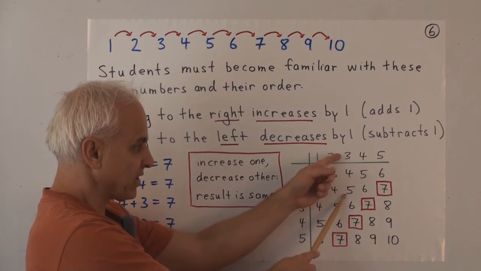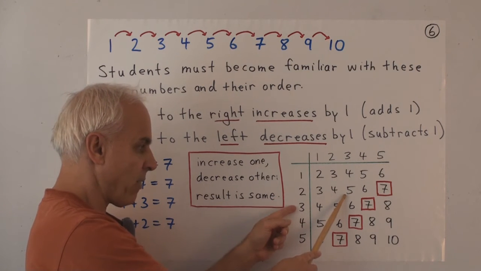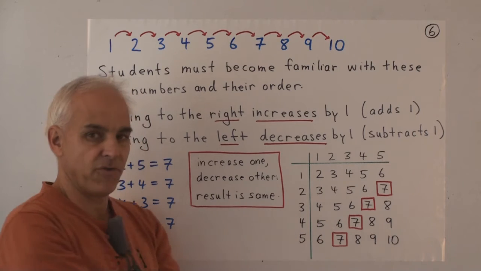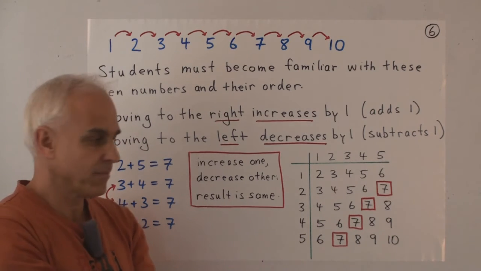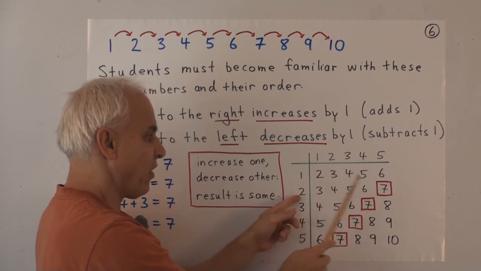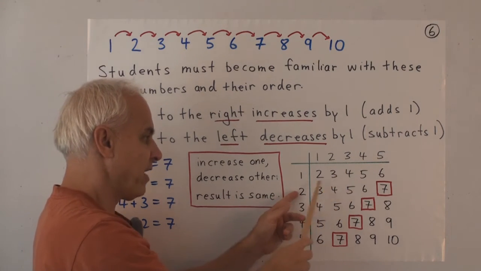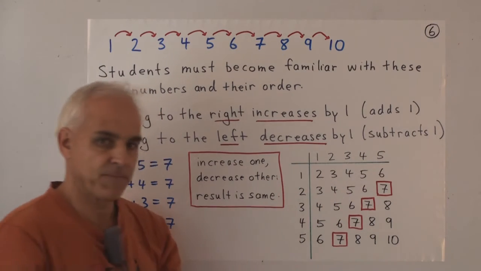So instead of having 2 plus 3, I have 3 plus 3. I've increased that number by 1, then the result is also increased by 1. Or if I increase the 3 by 1, then I also increase the answer by 1. So if 2 plus 3 is 5, then 2 plus 4 is 6.